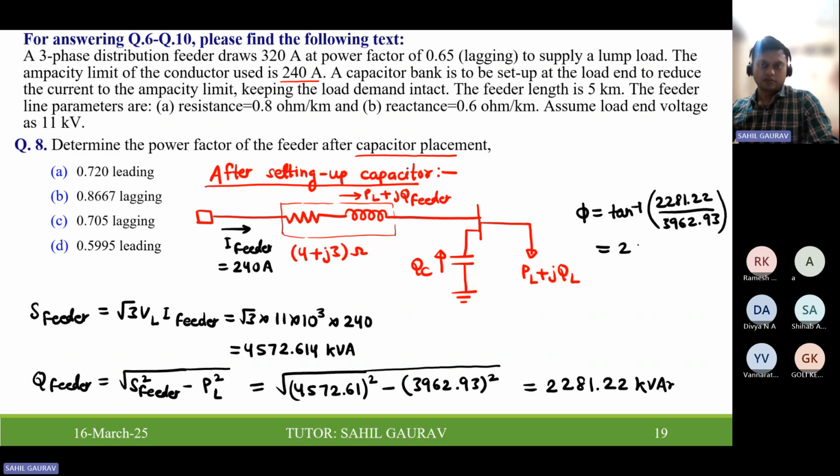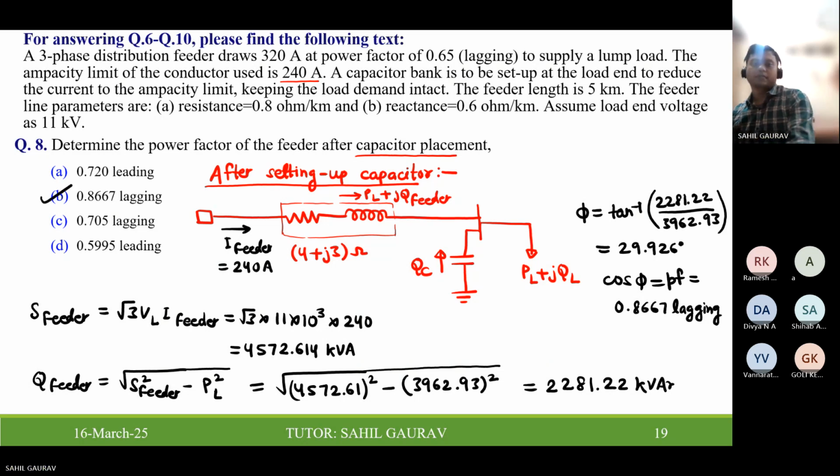So we will get 29.926 degree. So power factor cos phi is 0.8667 lagging. So B answer is correct. So it is very simple. You just carefully read the question and solve systematically. You will get the answer.